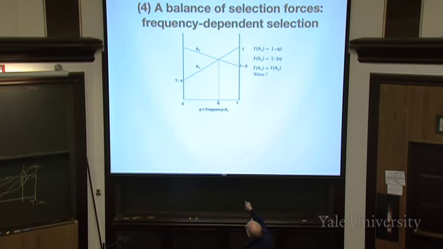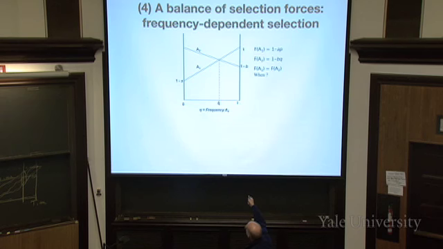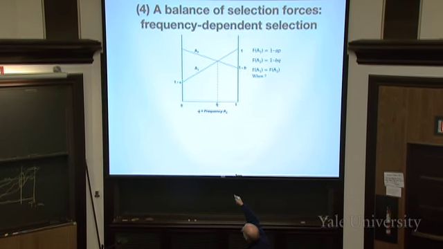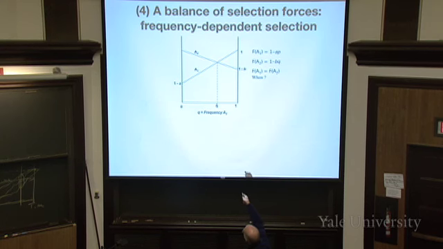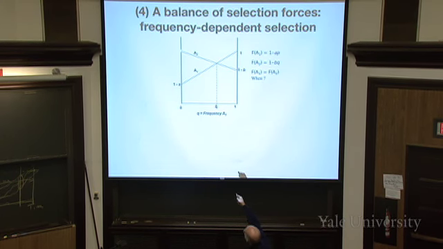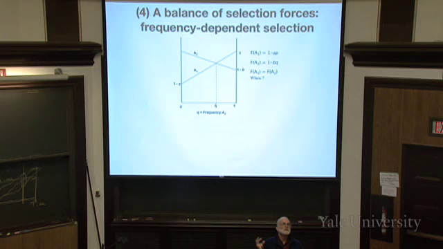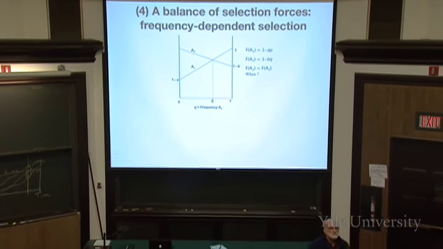Now, the frequencies of A1 are just reversed along this axis. A1 is 1.0 here, and it's 0 here. A1 has low fitness when it's at high frequency, and high fitness at low frequency. A2 has high fitness at low frequency, low fitness at high frequency. So both of them do better when they are rare.